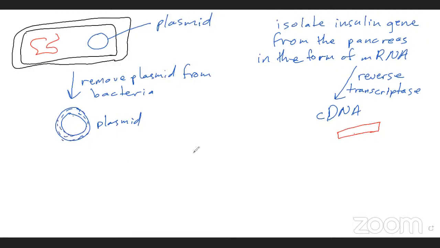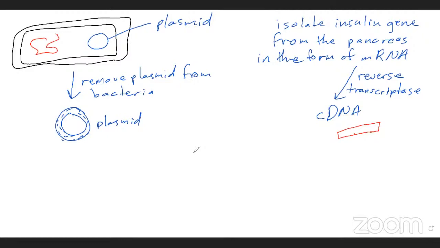Right? So what do we need to do? There's a specific class of enzymes that we use when we're doing genetic engineering. Anybody know the name of the enzyme or the class of enzymes? Are they restriction enzymes? Right, restriction enzymes. This process cannot be done without restriction enzymes.